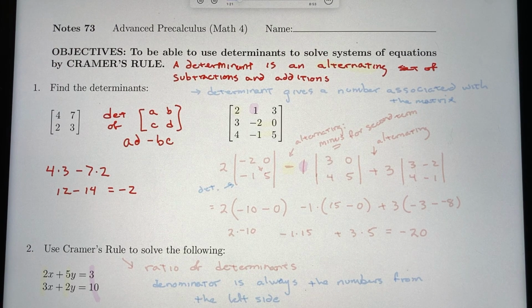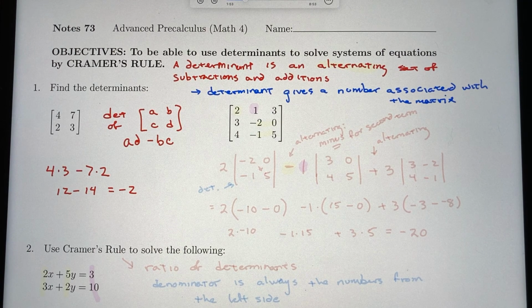So the determinant gives you a number associated with the matrix. And when we do Cramer's rule, we will see that you can use those numbers to actually solve equations.